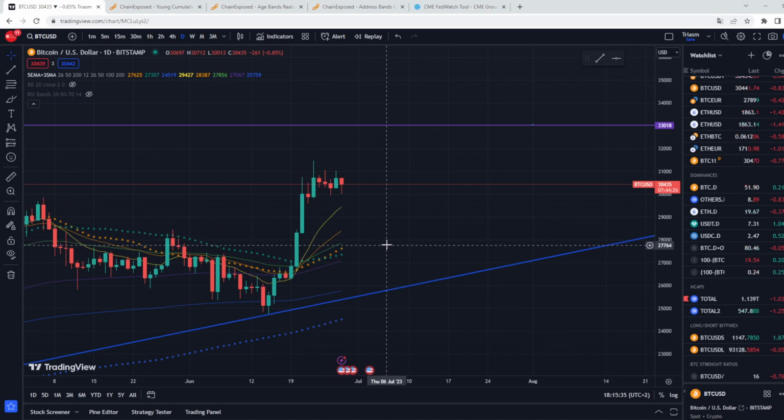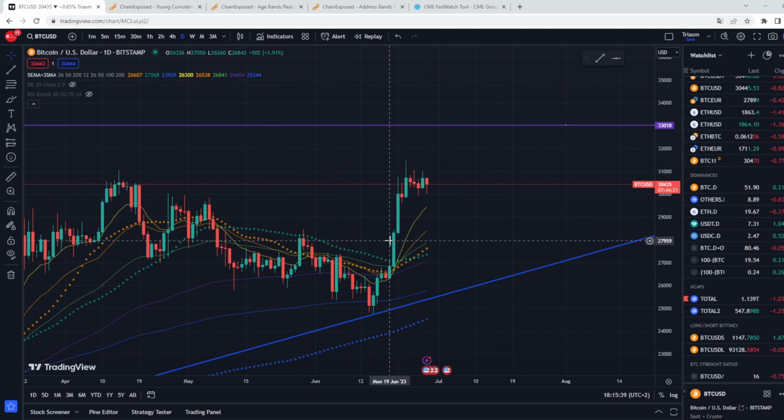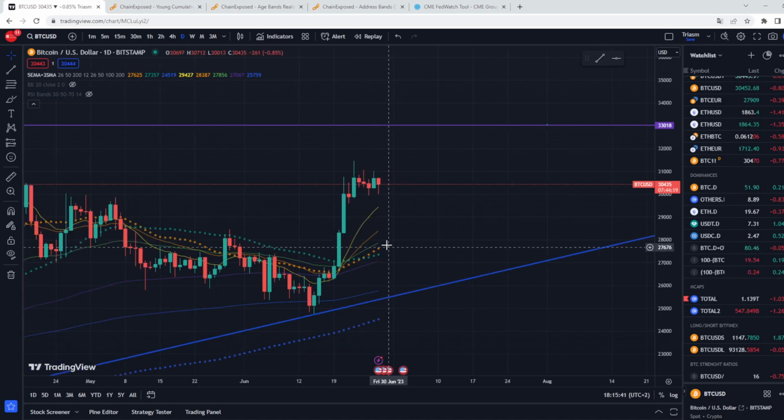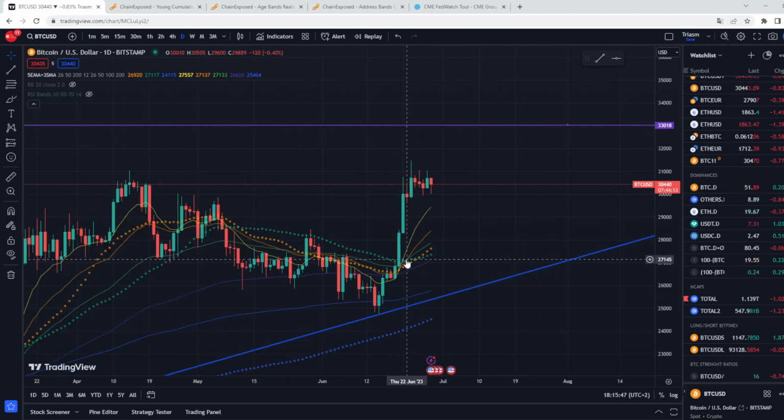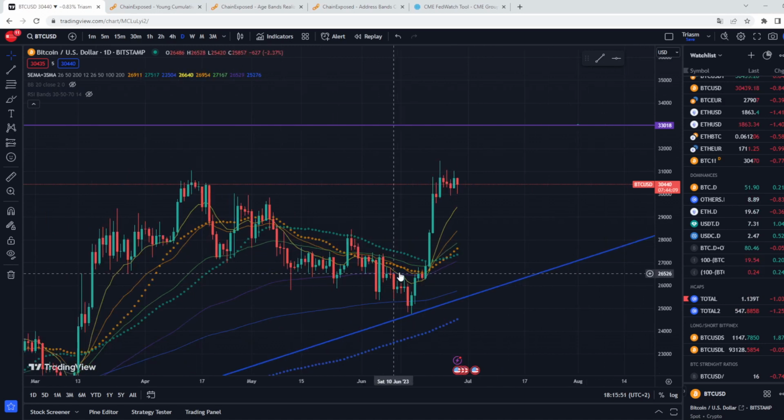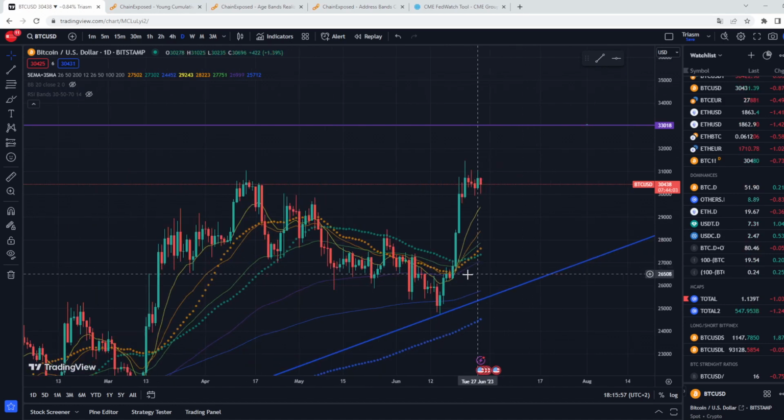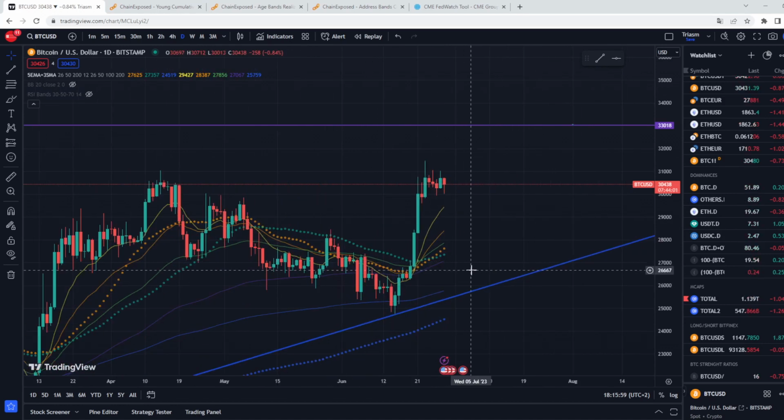We need to at least get to 28, so at the level of the 50 EMA on the daily, and we have a lot of support as well at 27.5k and 27k, where there is the 100 EMA, for example this purple line right here, and this is the 200. It's another support if we fail to stay above the 100 here.